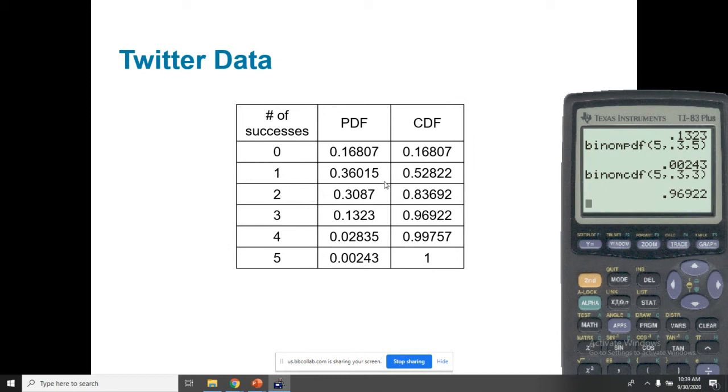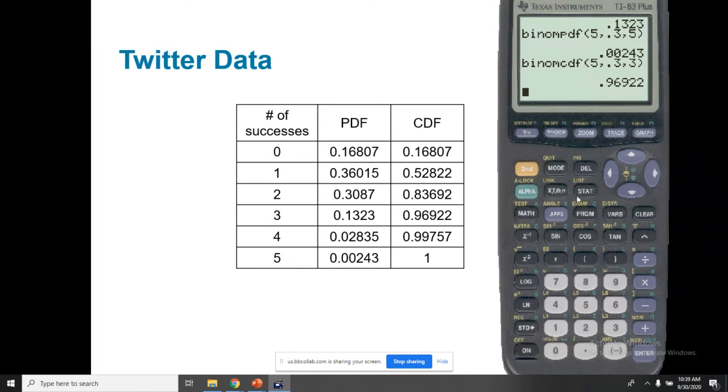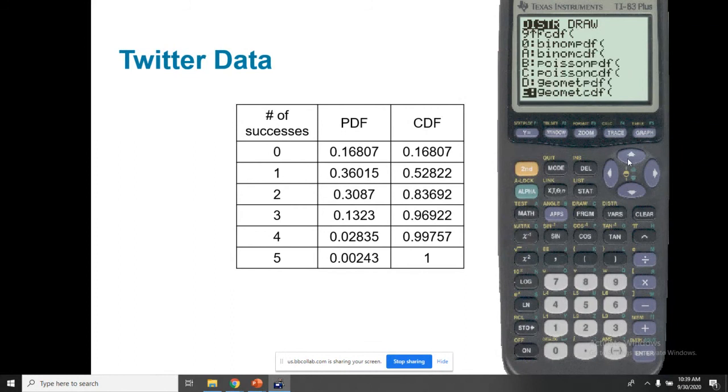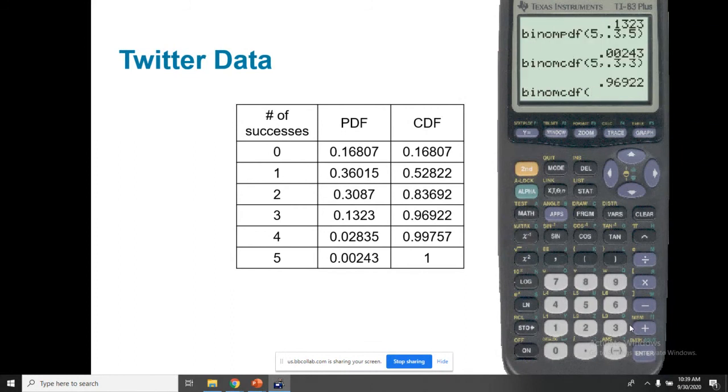As I'm looking at my chart, the probability for X is less than 3 should be 0.83692. So I'm going to put it in my calculator: binomial CDF, 5, comma, 0.3, comma, 2. And that gives me 0.83692.